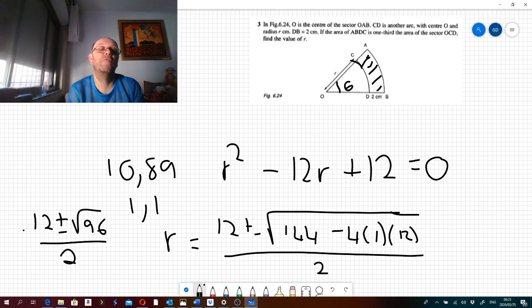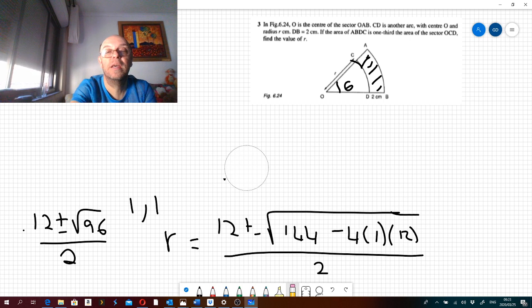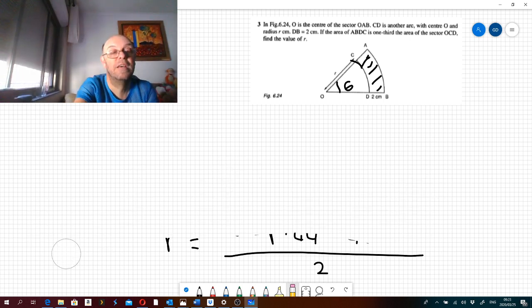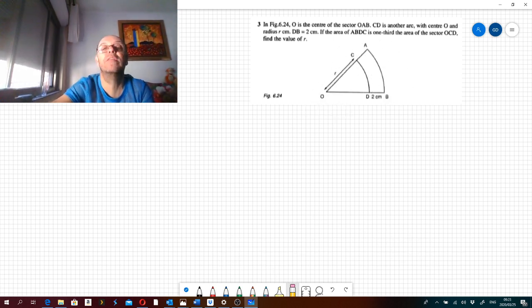So the one that we're looking for is definitely the 10.89 and not the 1.1. Okay, so there we go. That's number 3. Quite a long question, you can see, needing all kinds of mathematics to get to the answer. Take note of that example. It's a very important skill that you are using to get that one.